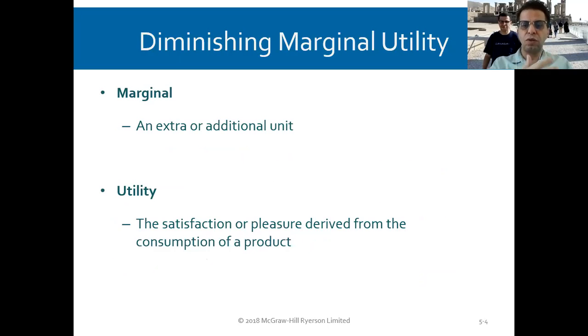In general, marginal utility, everybody is practicing that. Say when you are hungry, you will enjoy your first burger very much. As the second burger comes in, you probably will enjoy it, but it's less.